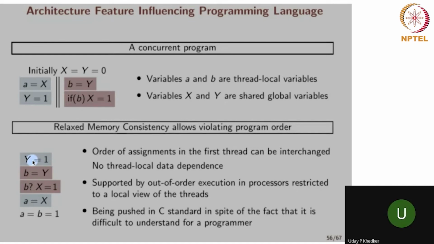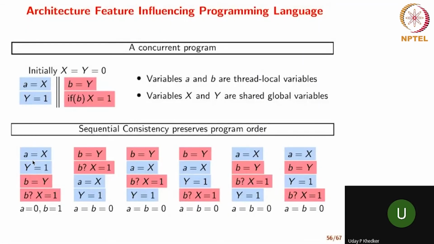Any other question? And strong consistency is same as which one of these? So strong consistency says that you are not supposed to interleave the threads. You will execute the first thread fully and then the second thread fully, or the second thread fully and then the first. So the first two examples are examples of strong consistency.